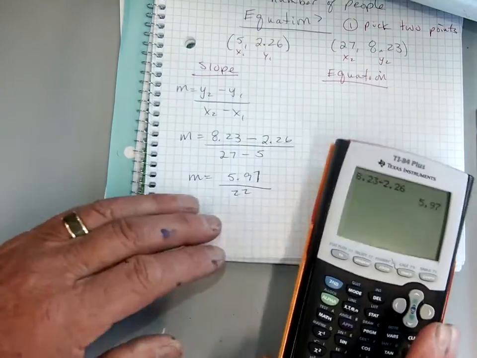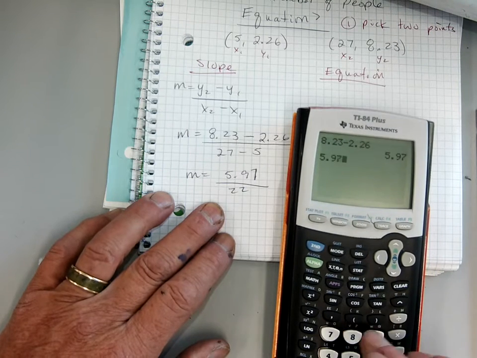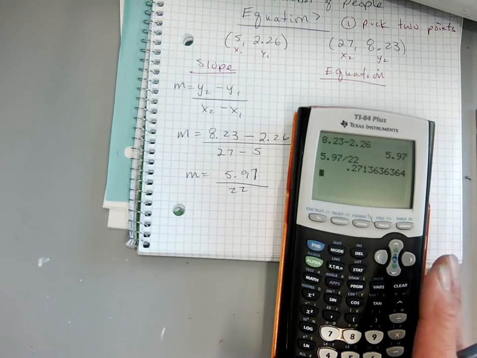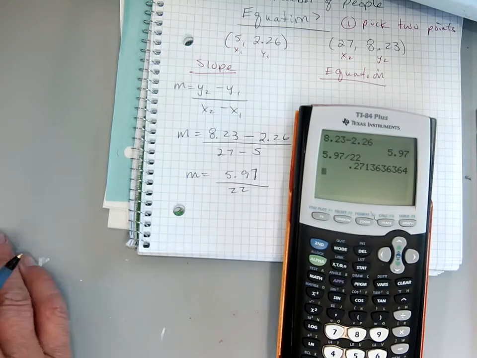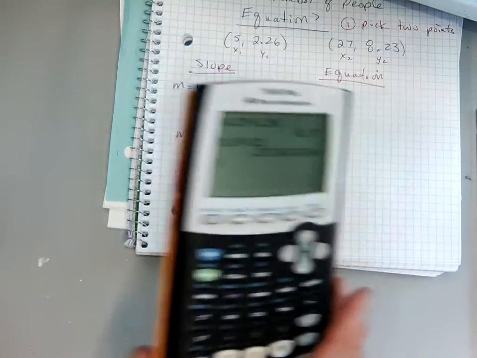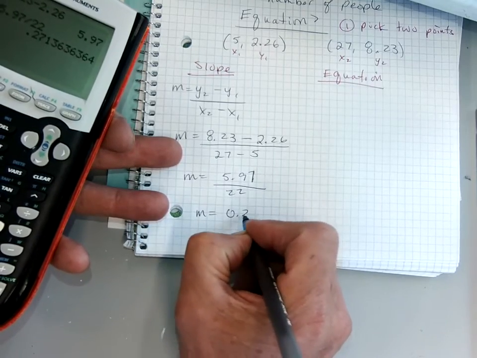I take my calculator, 5.97 divided by 22, and I get about 0.27. That means you guys are going one person every 0.27 seconds. Whoo! You were fast, weren't you? So my slope is 0.27. Okay.